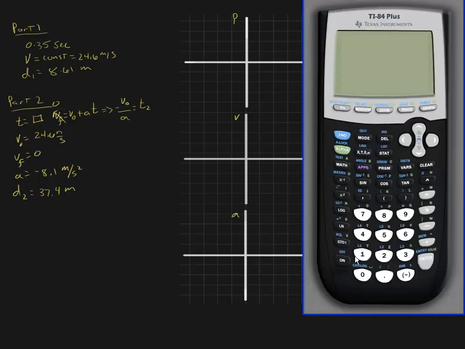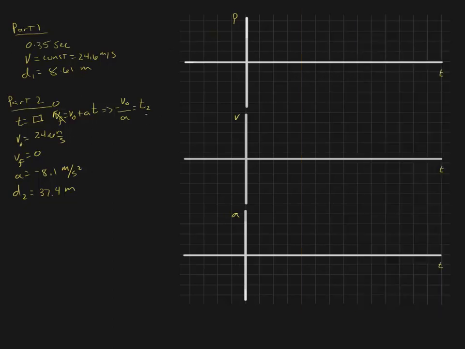So t2 is going to be a negative 24.6 divided by a negative 8.1. And that is going to be 3.04 seconds. So t2 is equal to 3.04 seconds.